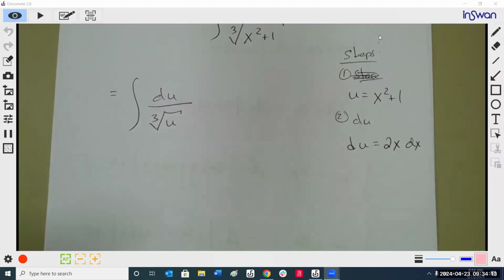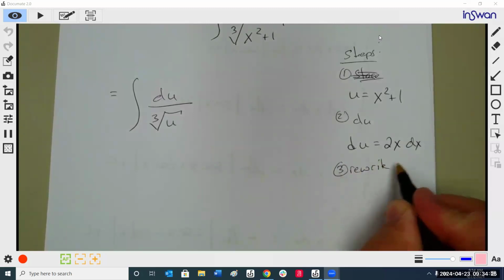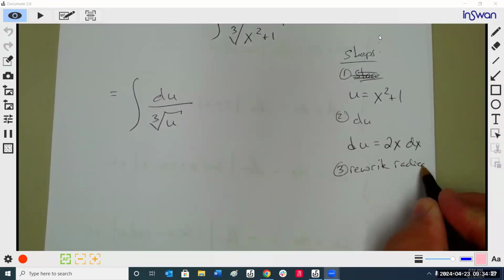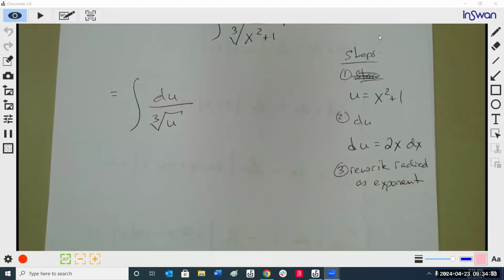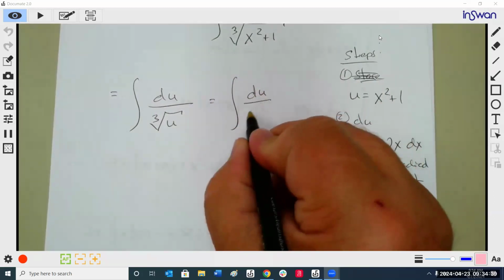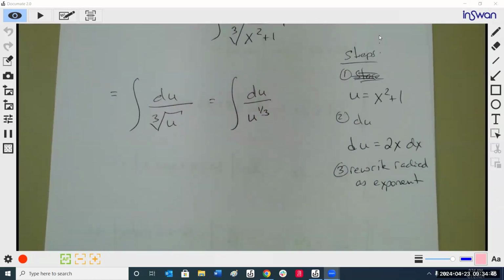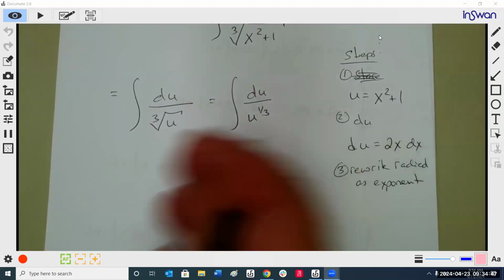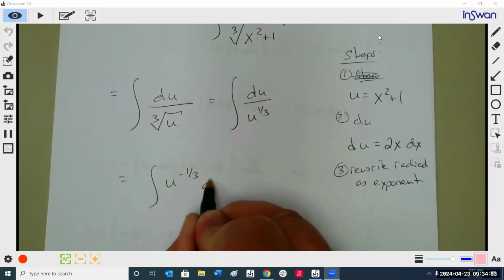Now we're going to manipulate it algebraically. What's the next step? Rewrite the radical as an exponent. So it's u to the power 1/3. Since there's no other u inside there, we have u to the power negative 1/3 du.